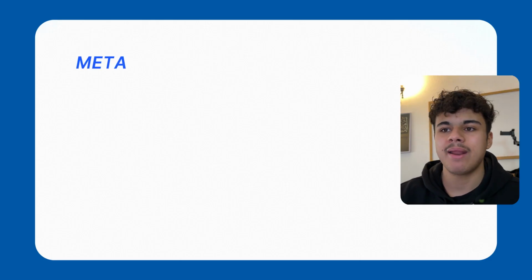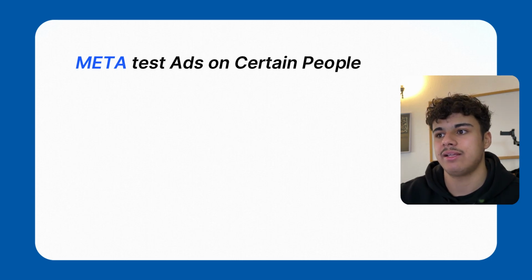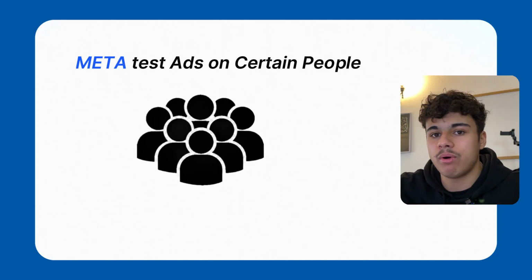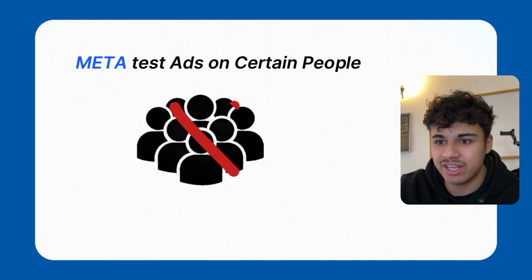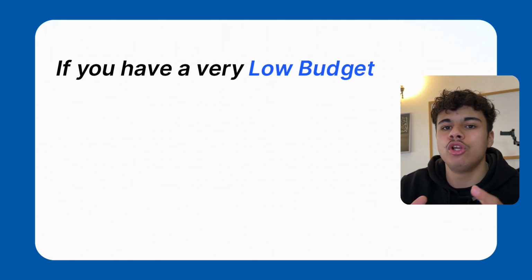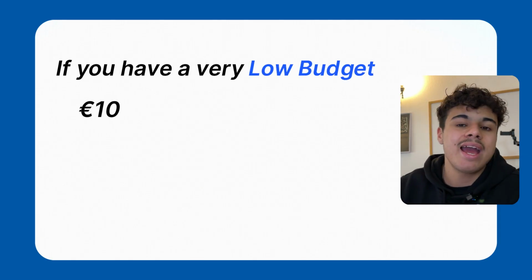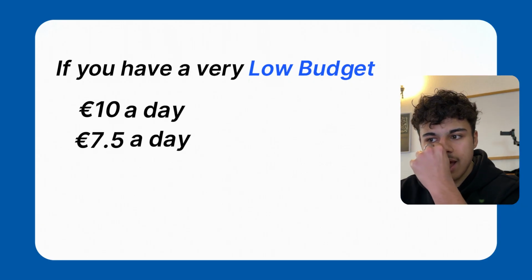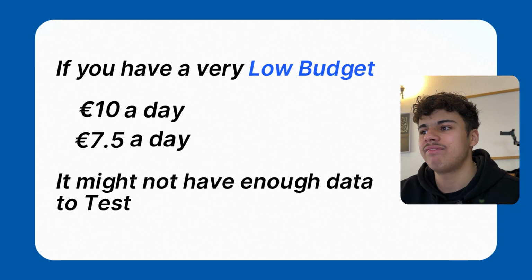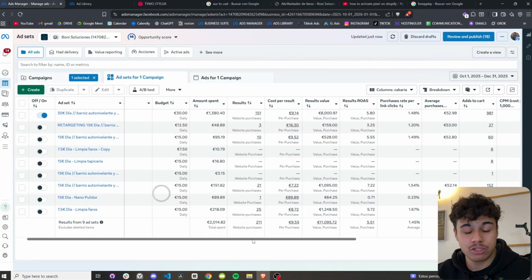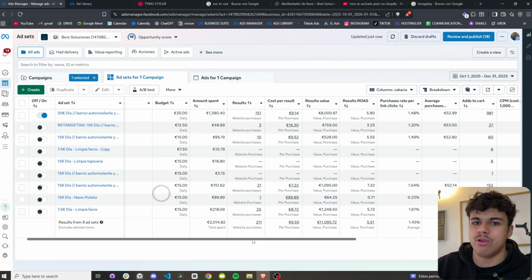Because keep in mind, Meta tends to test to a certain amount of people. And when it tests, for example, 1,000 people and they don't see any conversions, they need to test even more. So if you have a very low budget, such as 10 or 7.5 euros a day, the thing is that it might not have enough data to test. So that is why you test, of course, with a low budget such as 7.5 or 10 euros a day.